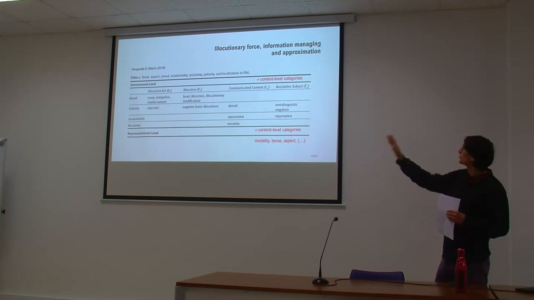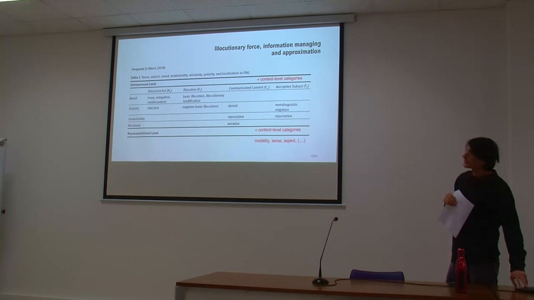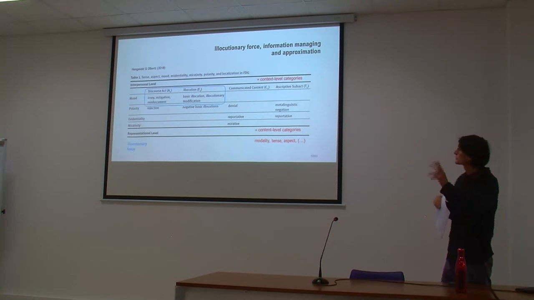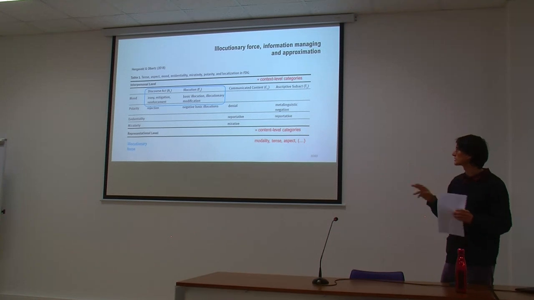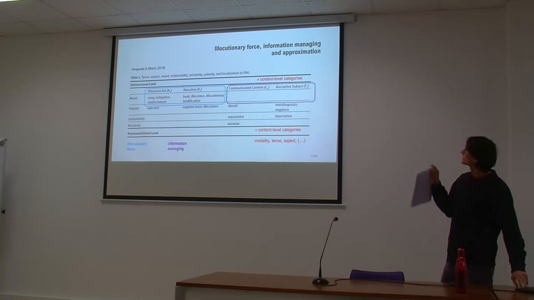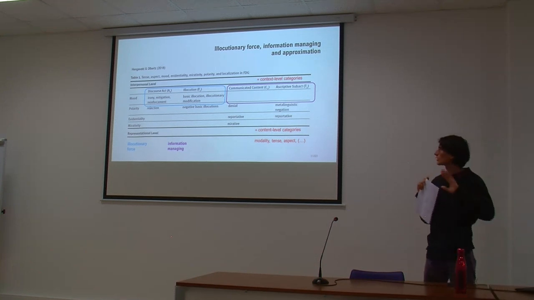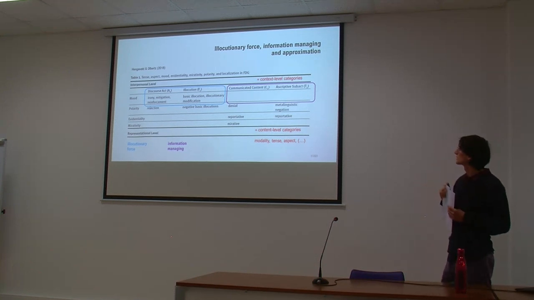Then we have 4 different layers or categories: discourse act, illocution, communicated content, ascriptive subact. The first 2 layers, discourse act and illocution, correspond more or less to the category that in this talk has been indicated by illocutionary force, while the 2 other layers, communicated content and ascriptive subact, correspond more or less to information managing.